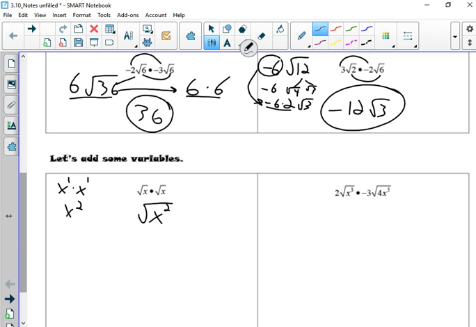Or a simple division problem. That's a 2 out there. We do 2 divided by 2, we get 1. Or if we think about an even simpler rule, didn't we say radical 7 times radical 7 was just 7? So radical x times radical x is just x. A radical times itself makes the radical disappear.